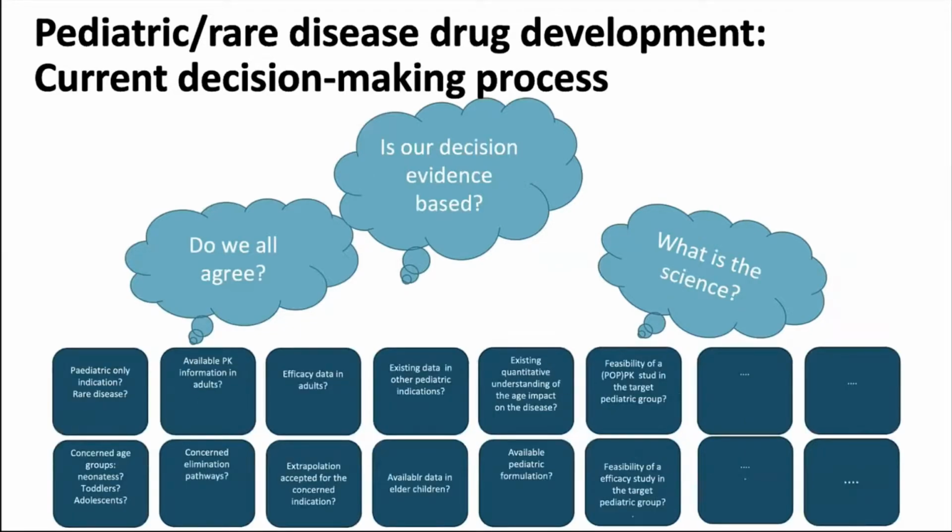Actually, the situation can be much more diverse, and several other considerations should be taken into account, including the rarity of the disease, practicality issues, the data available in the source population, here, let's say in the adult population, the fact that there are available data on that drug for other indications, maybe in the pediatric population, the fact that there are drugs of the same class and same mechanism of action, so to speak, that were approved in that same indication, etc.